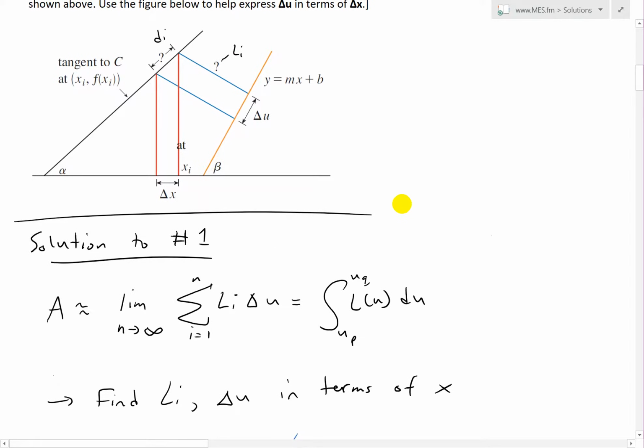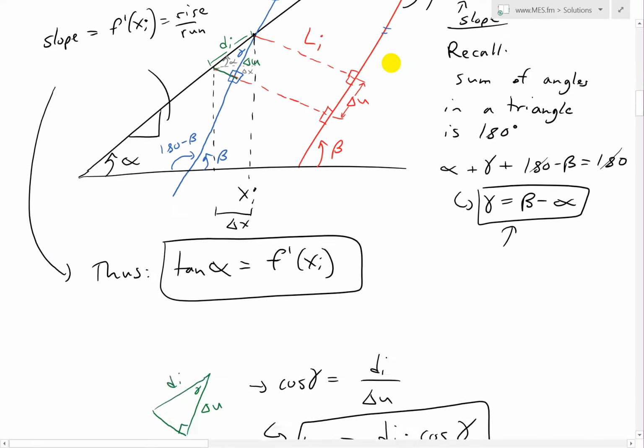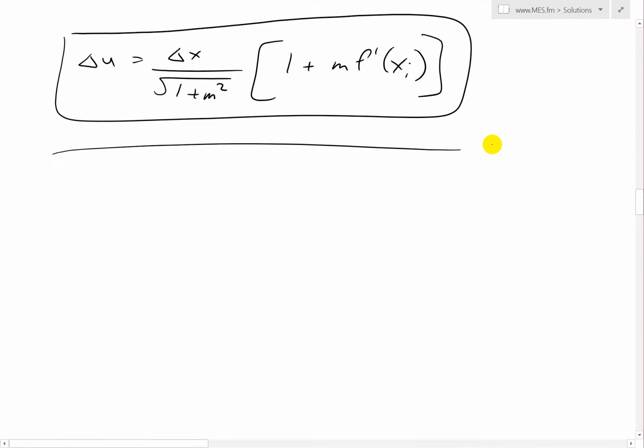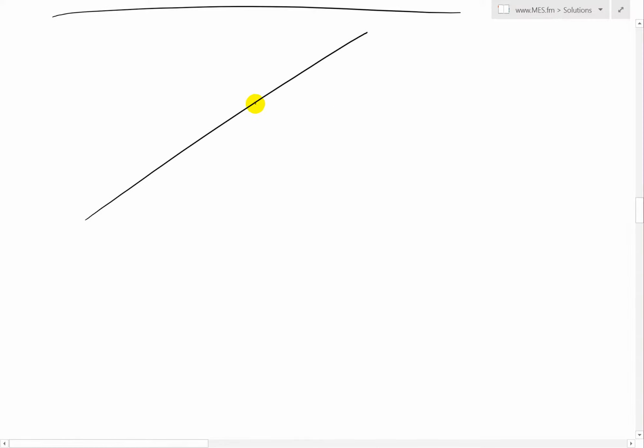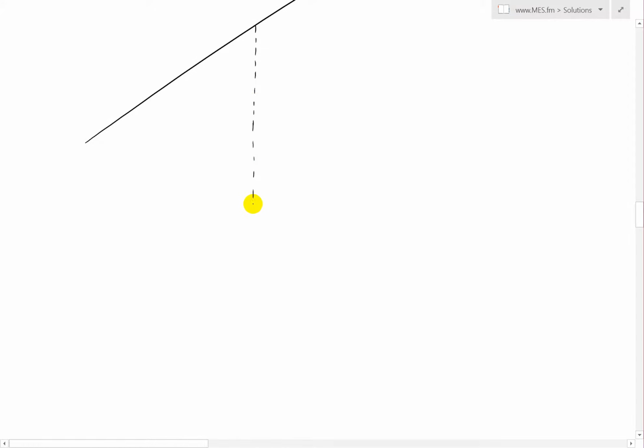What I'm going to do is extend this line all the way down. So this is a pretty interesting trick in solving this one. So for Li, let's draw that same tangent line, like that. And then at this point, let's bring this all the way down.